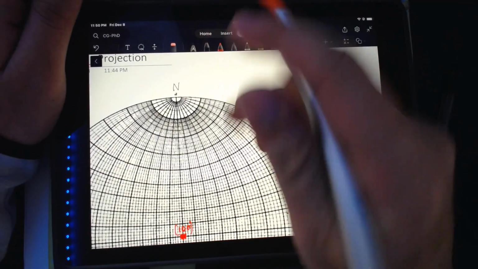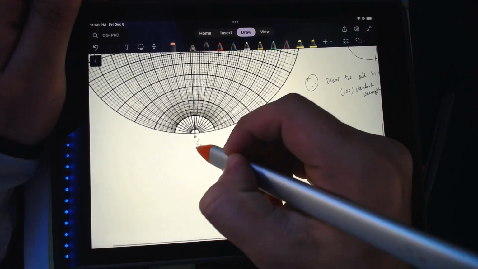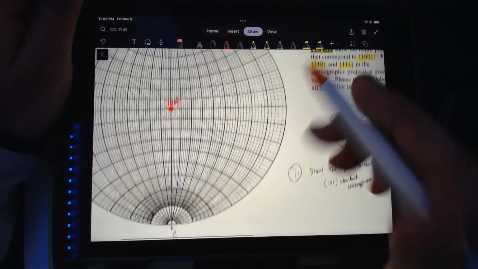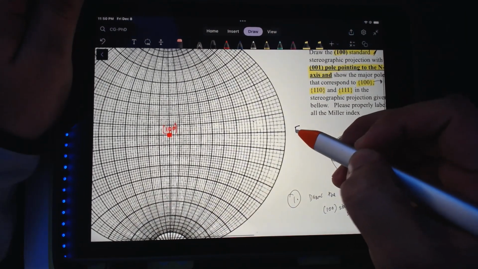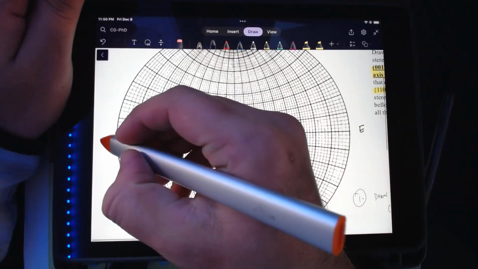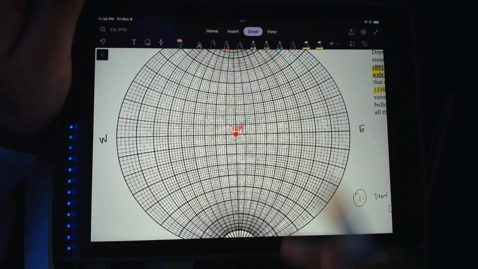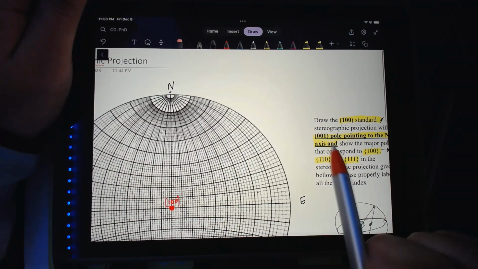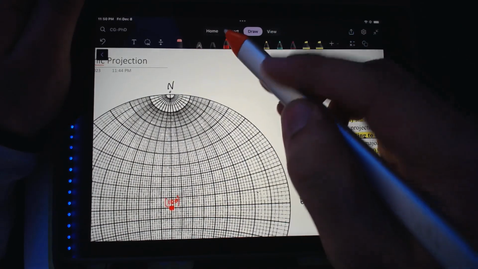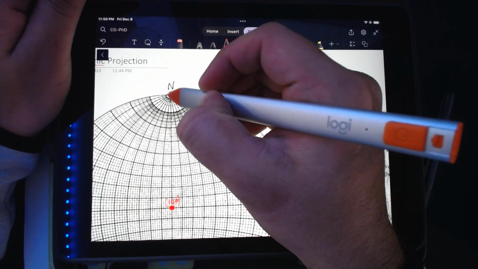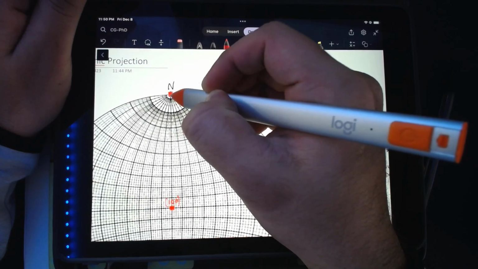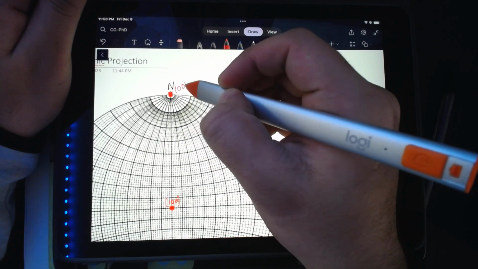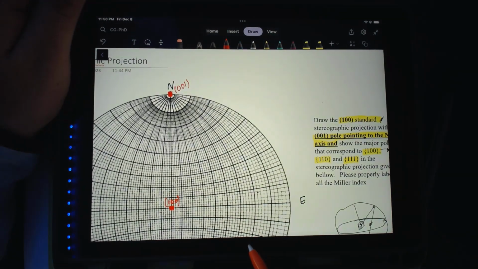So this is the north, this is the south. On the right side, we'll therefore have the east, and on the left side, we will have the west. Alright, so the north, as given in the question, becomes the 001 pole. So let's just make another square box, and that square box becomes the 001 pole, which is provided to us.